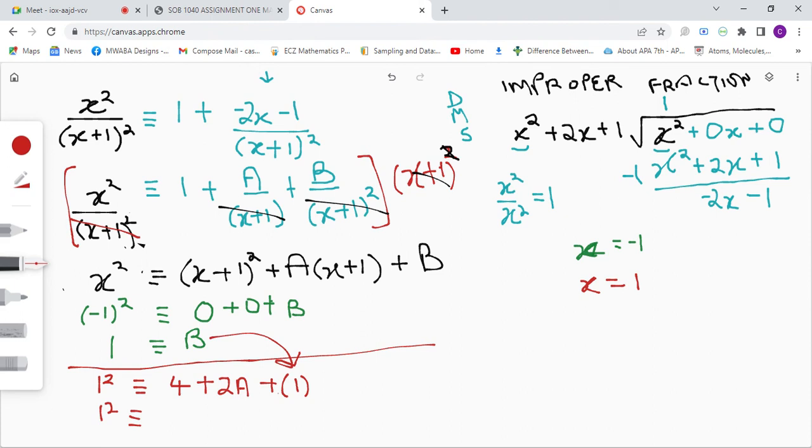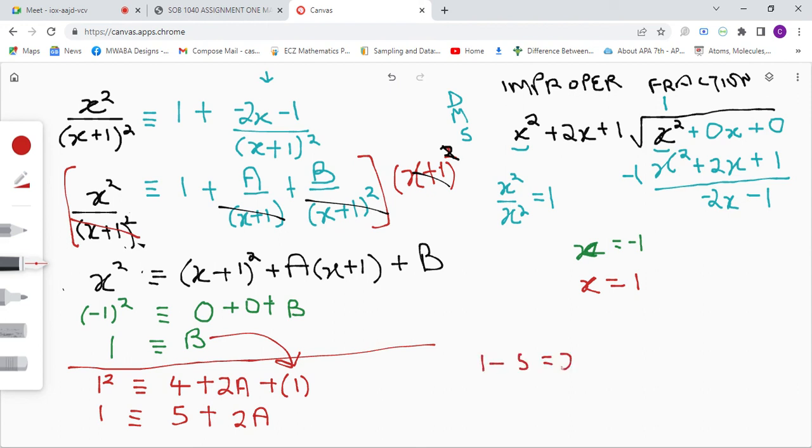So 1 equals 4 plus 1, that is 5. 1² equals 1, I don't know why I left this squared. So 4 plus 1 is 5, 5 plus 2a. So we're going to take our 5 to the left hand side.